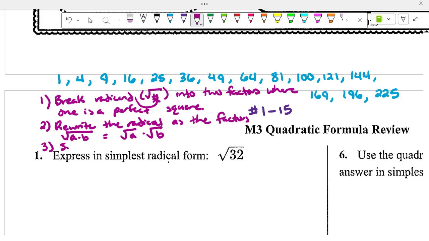And then finally, simplify the radical with the perfect square. Now again, this may mean nothing to you right now, but we're about to do an example. All right.